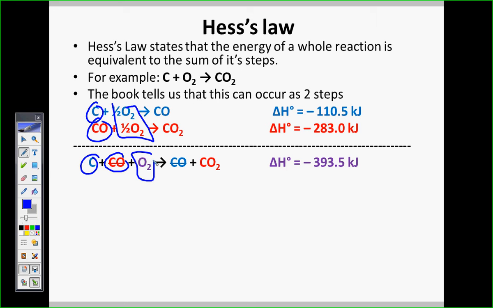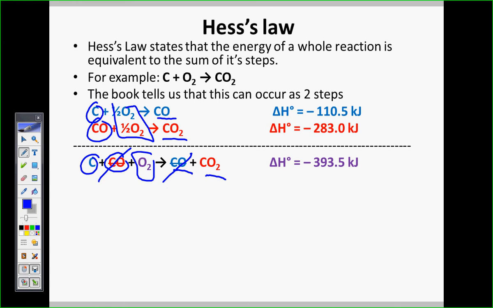You see that? And on the right-hand side of the arrow, I have carbon monoxide and carbon dioxide. And like algebra, what's on the left and on the right, if I put it in and it's still there when I get it, it didn't really participate, it's like a spectator ion. Remember canceling those out in Chem 20. It's the same idea, the carbon monoxides can be canceled out.